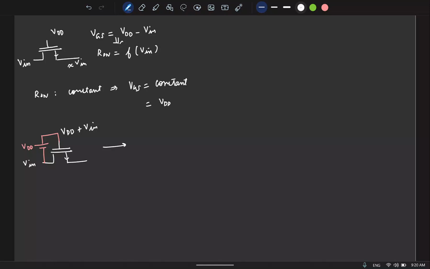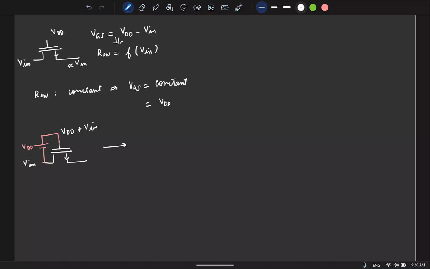So what is the next best thing available? You can't have a voltage source, so what is the next best thing? If a capacitor is charged to some voltage, it is going to hold it. A battery is like an infinite capacitor.